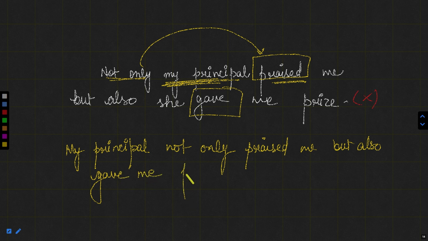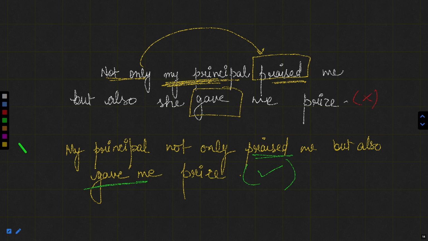So these two things that are done by principal are, first she has praised and another that she has given the prize. Now the sentence is absolutely correct. My principal not only praised me but also gave me prize.